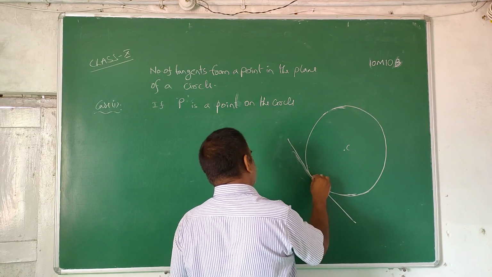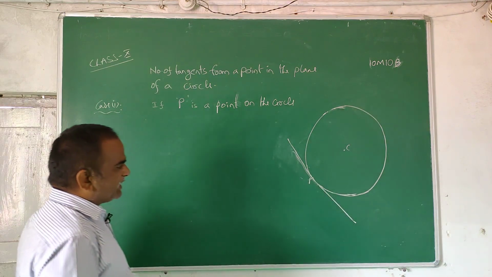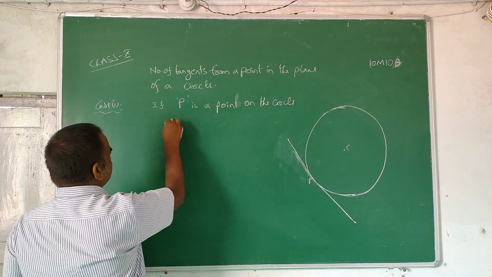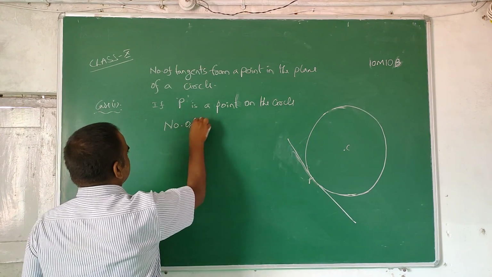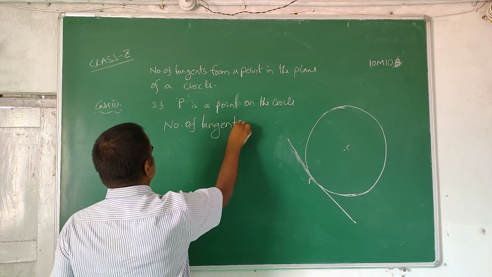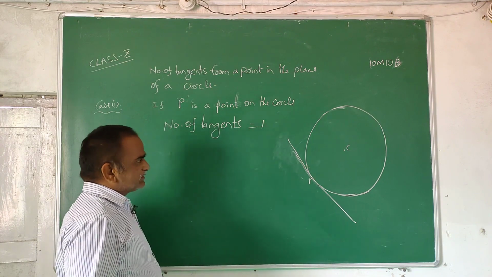You can see only 1 tangent can be drawn from a point P that lies on the circle. So the number of tangents that can be drawn from the point P on the circle is equal to 1.